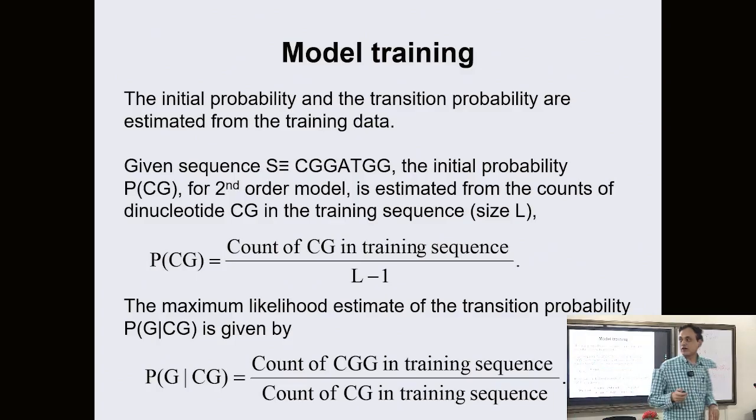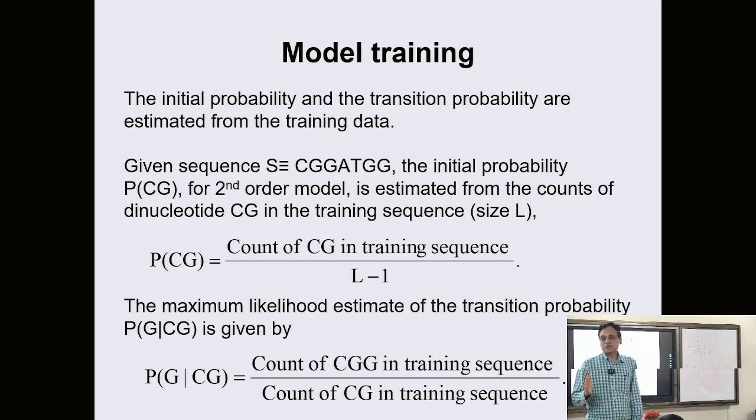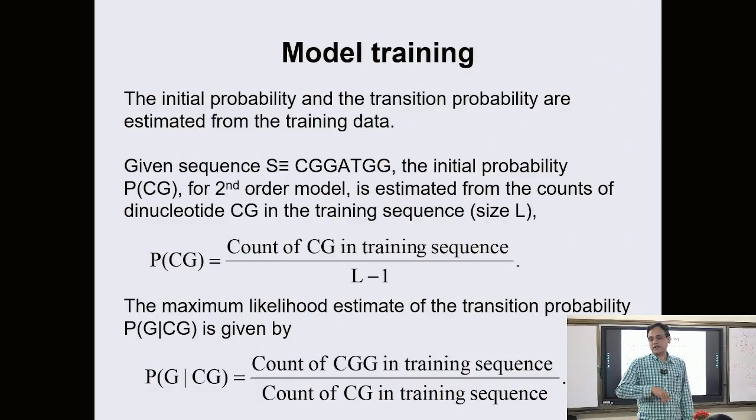Now the transition probability: probability of G given CG. Given CG means the 2 previous bases are CG. So given CG means the count of CG in the training sequence, that is, the count of trinucleotides where the first 2 nucleotides are CG followed by any nucleotide.